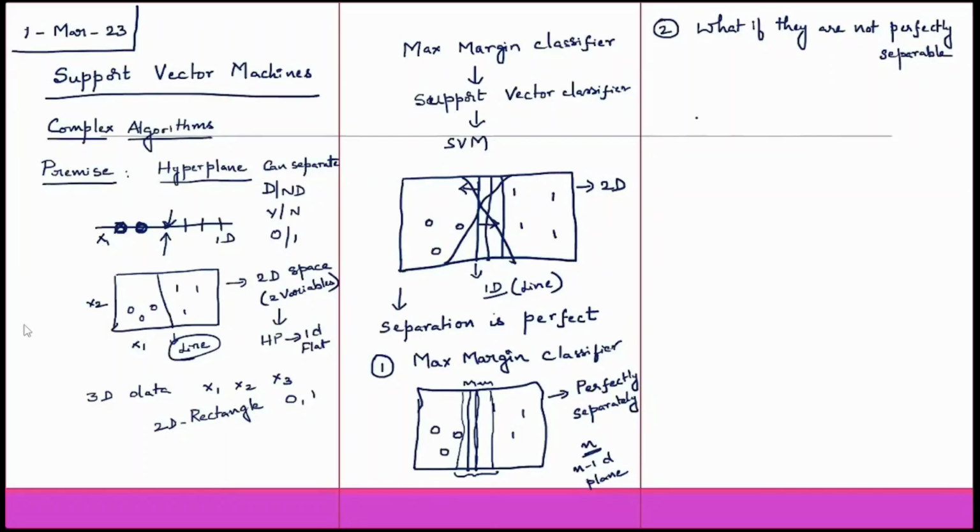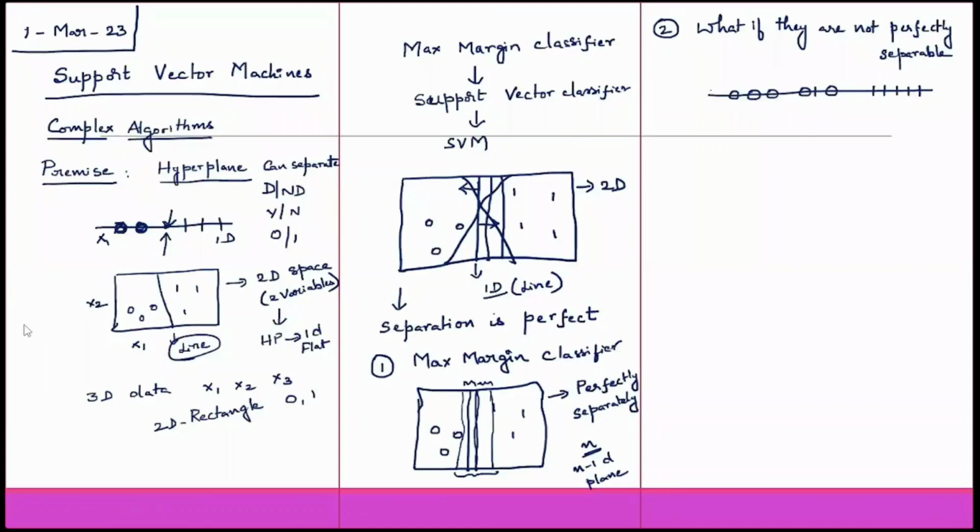So if I'm talking about unidimensional data, let's say I have some zeros, I have a 1, then I have a 0, then again I have some 1s. So let's say I have such a kind of data.